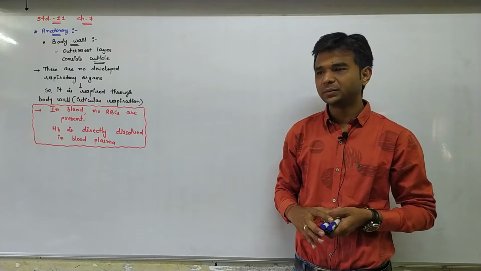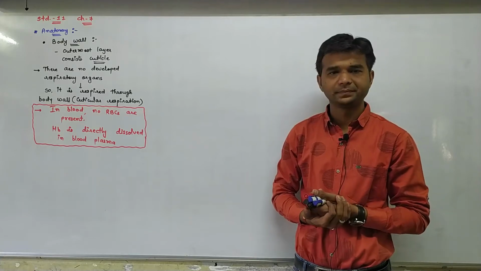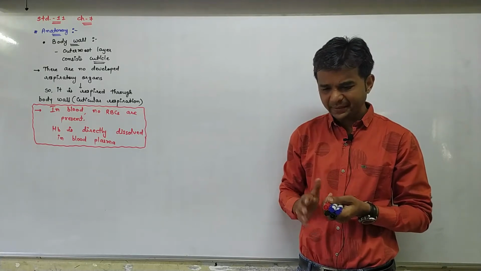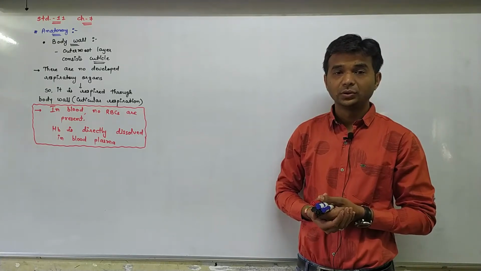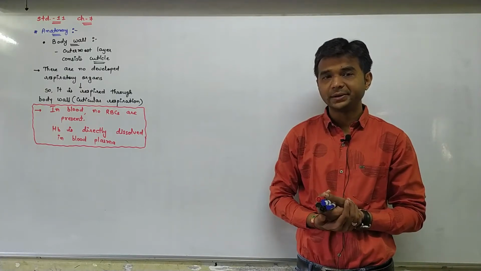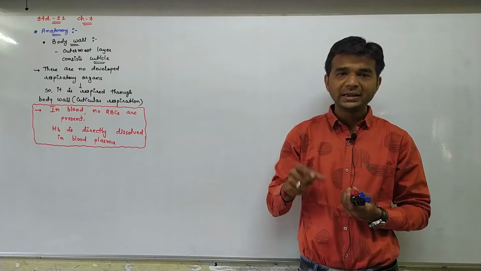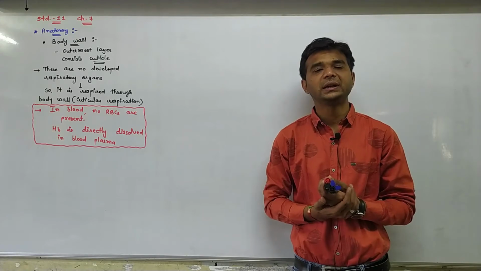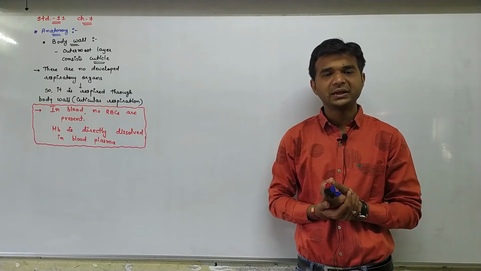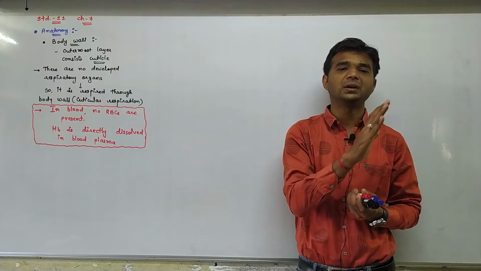In the earthworm, no RBCs are present. RBCs are absent there. Yes, the blood of the earthworm is red in color due to hemoglobin, but here hemoglobin is not situated in RBCs. Hemoglobin is directly dissolved in the blood plasma.